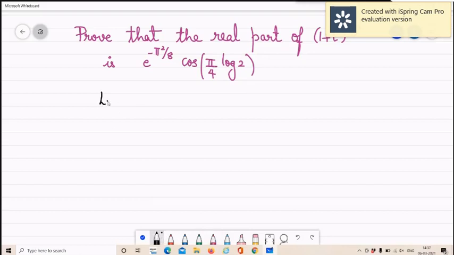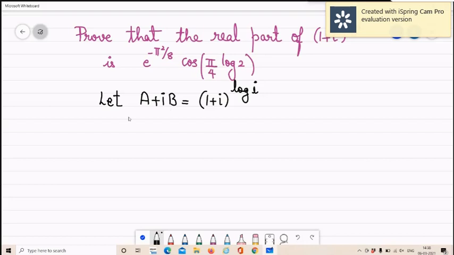Now, both the sides means I have to name it as something. So let's do this. I am naming it as a plus ib is 1 plus i raised to log i.